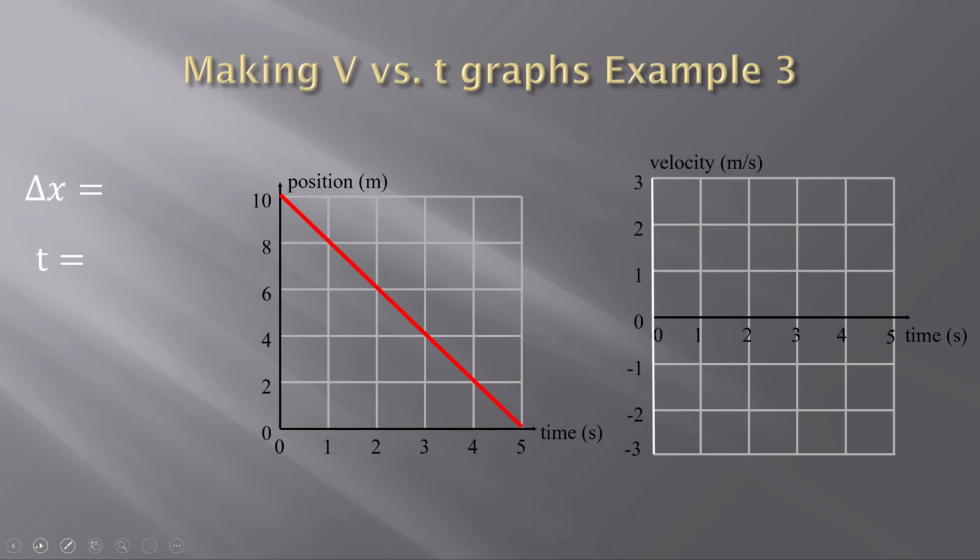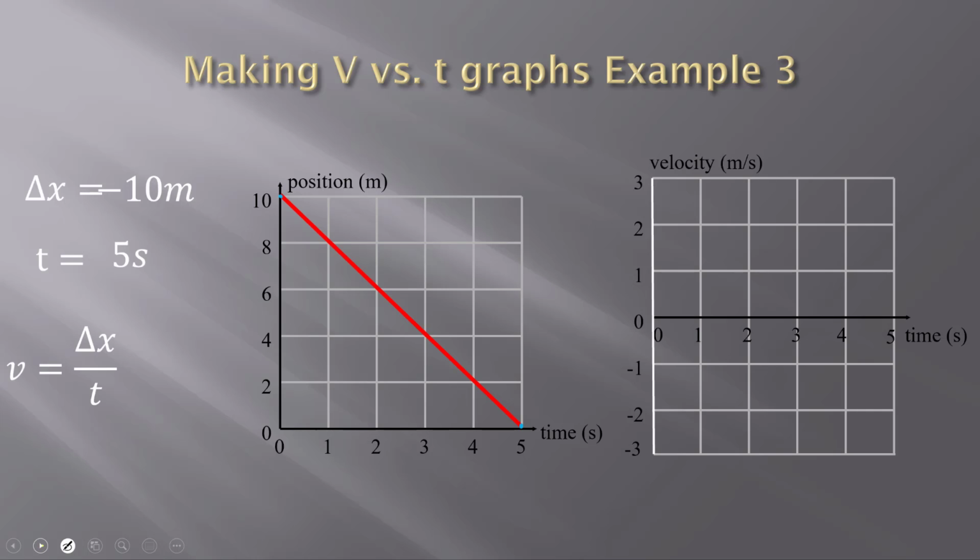So we have a line that's decreasing in its position, but it's decreasing at a constant rate. That's why it's a straight line. It went from 10 meters down to 0 meters. That means it's a displacement not of 10, but of -10 in a time of 5 seconds.